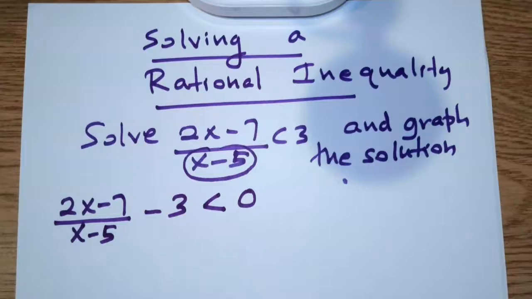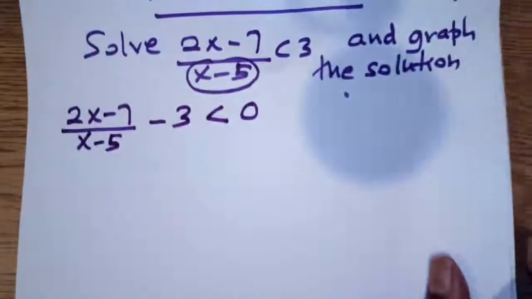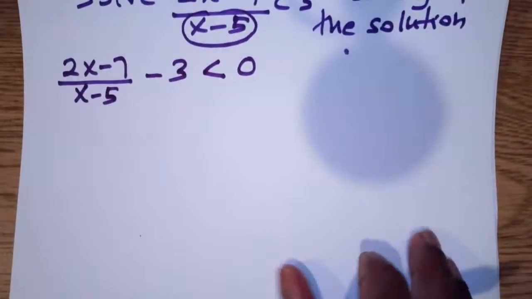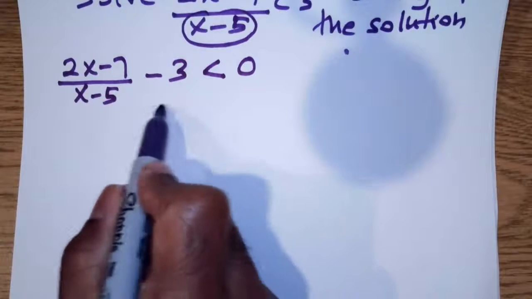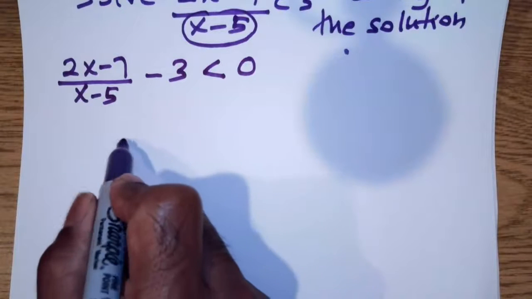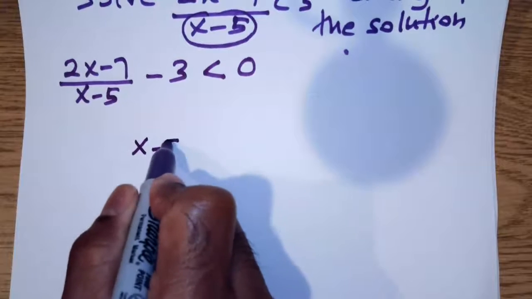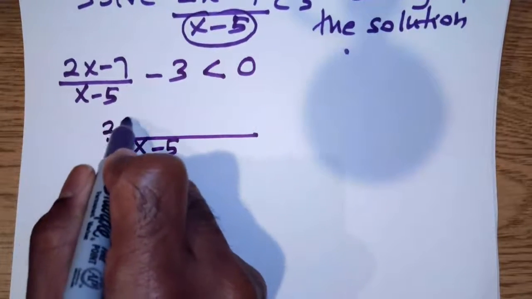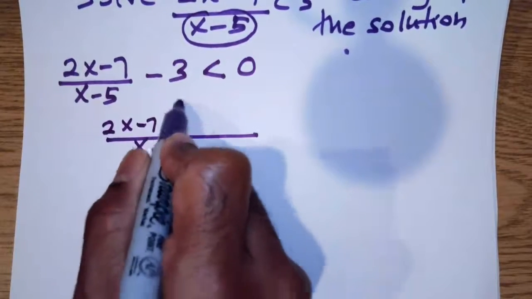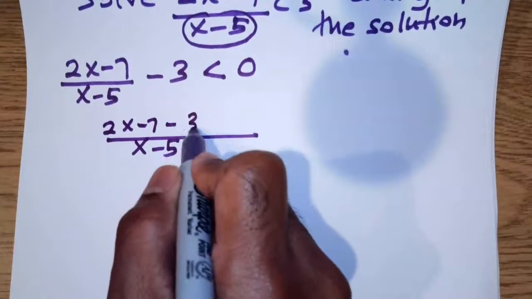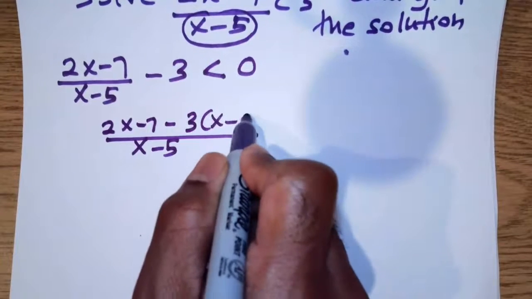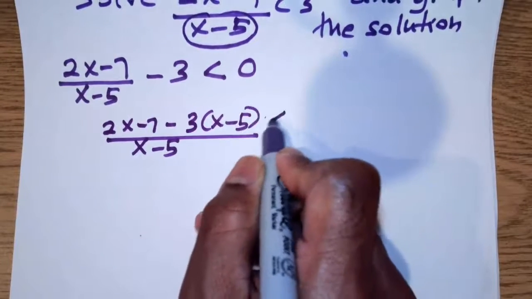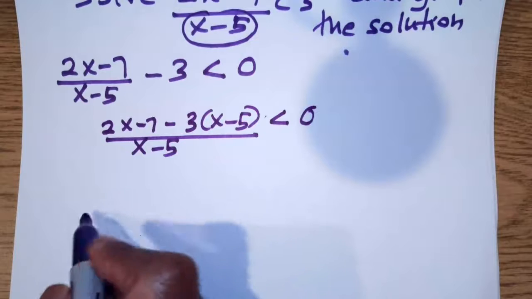So you now need to make sure that you bring this under a common denominator, right? If you bring this under a common denominator, the LCD is x minus 5. So it's 2x minus 7, and you multiply the 3 by the LCD, which is x minus 5, and you want it to be less than 0.